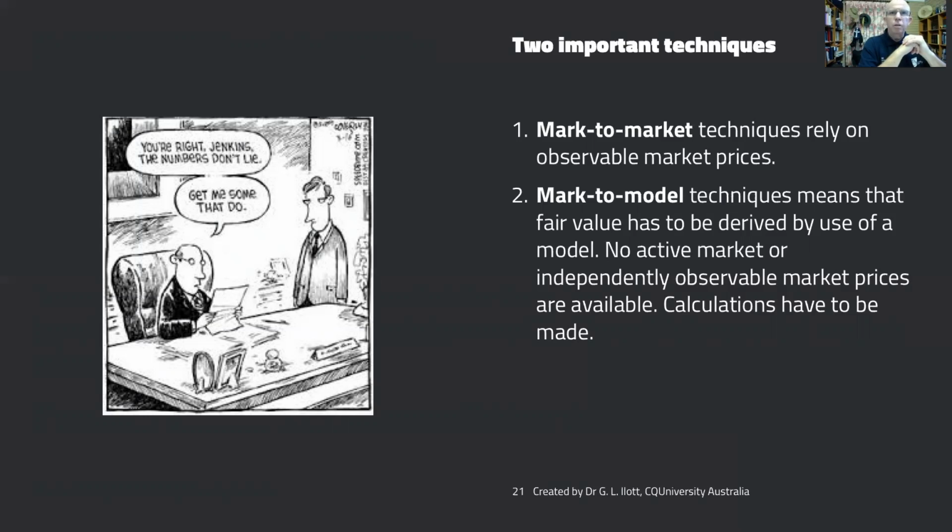The second model is mark-to-model techniques for assets that don't have an active market and don't have publicly available prices. So for these assets, fair value accounting allows you to use accepted modelling techniques that usually involve present values and cash flows.